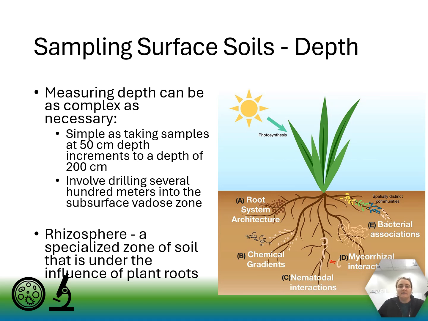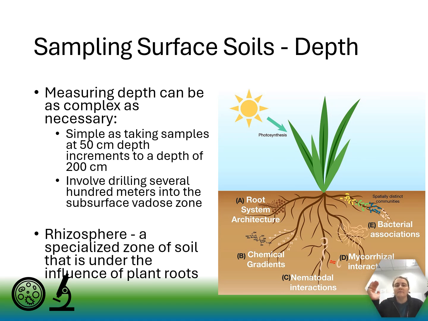Or we could have this very complex drilling several hundred meters down into the subsurface, into like the vadose zone, which we'll talk about in class. So you could take very, very small amounts of samples down in just the surface, or we could get way down into the subsurface. So if you're somebody who's interested in geotechnical engineering and foundations and how that interacts with environmental engineering, you'll get involved with some of this types of soil samplings.